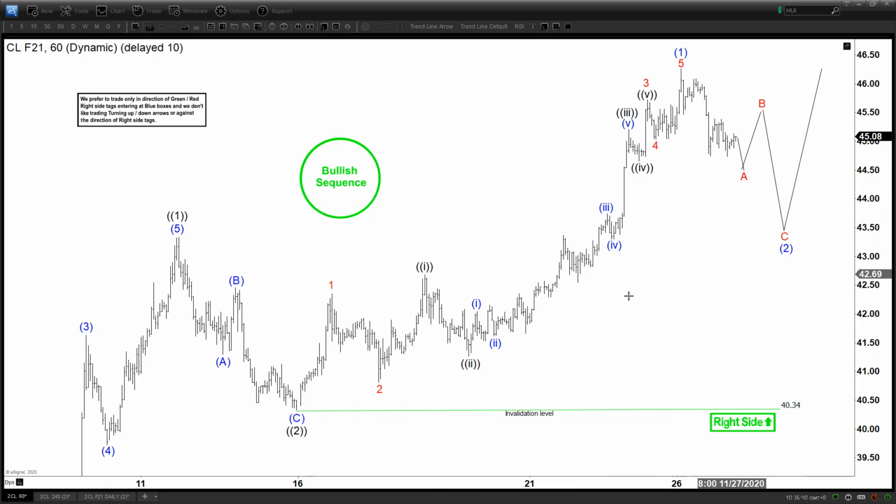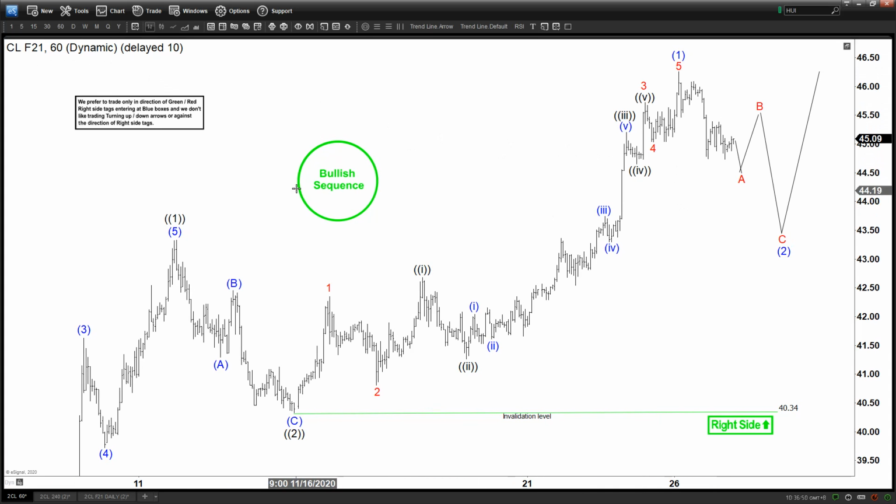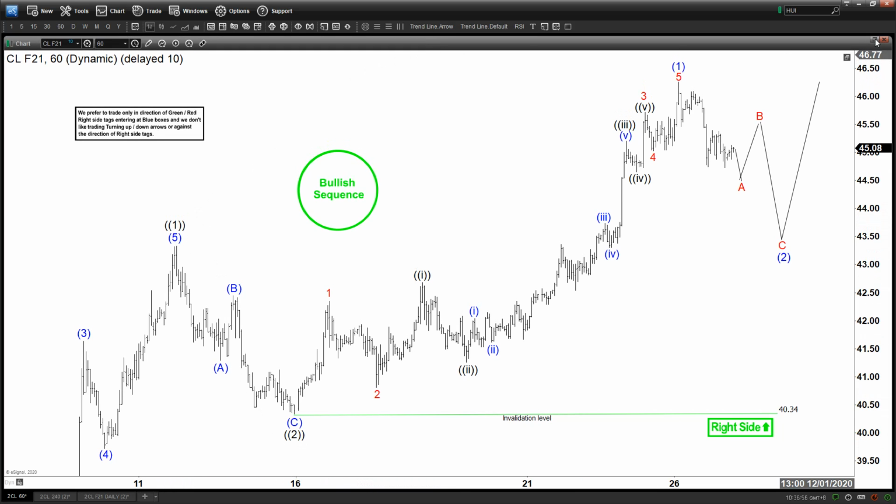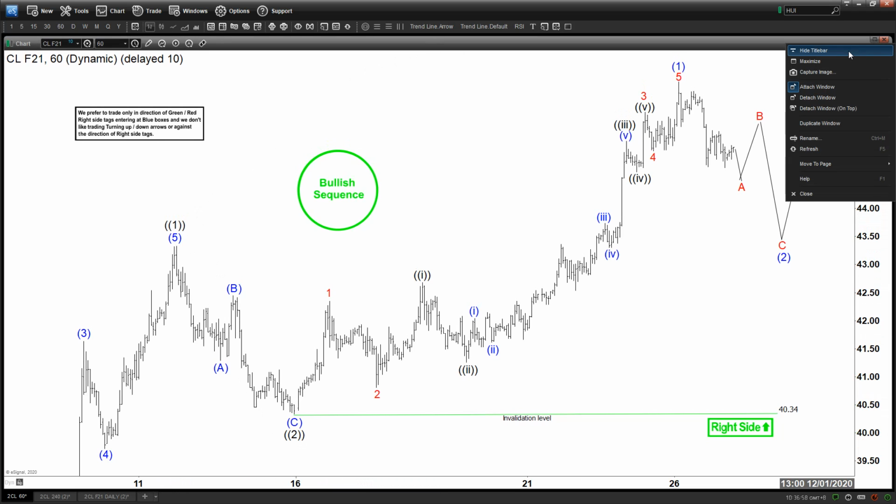And for today, we are looking at the chart of oil. This is a 60 minute chart of oil. Now we can see right here we have a nest, right? An impulsive structure that is nesting.